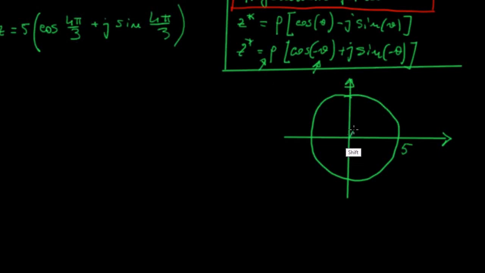So if this is pi over 3, this is 2 pi over 3, 3 pi over 3, well, this is 4 pi over 3. This angle is 4 pi over 3. This means that this is the representation of z.